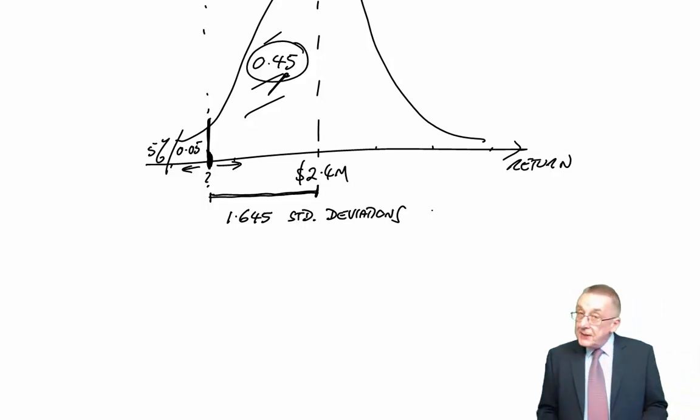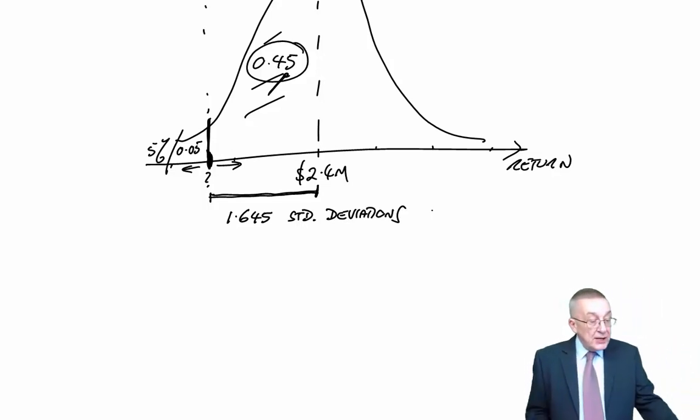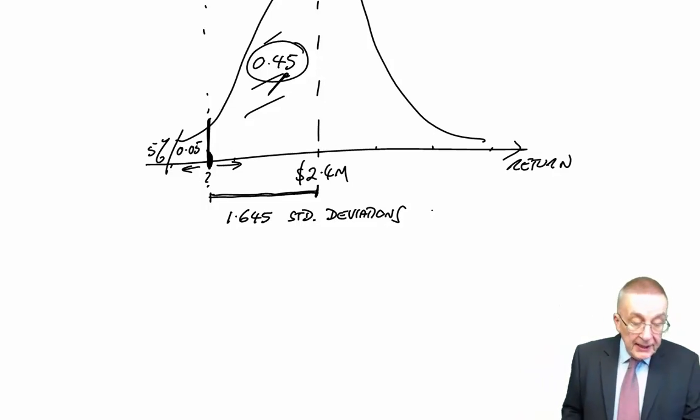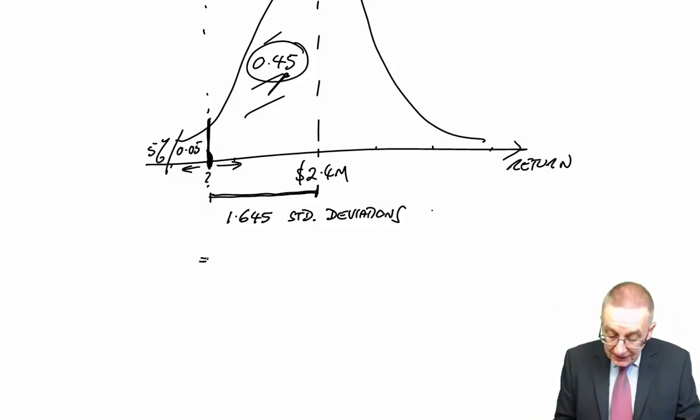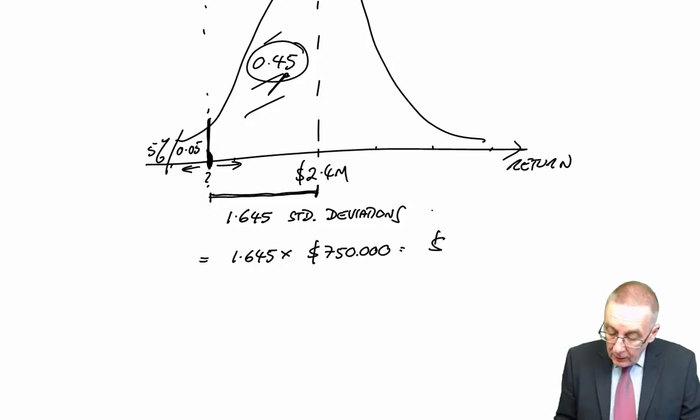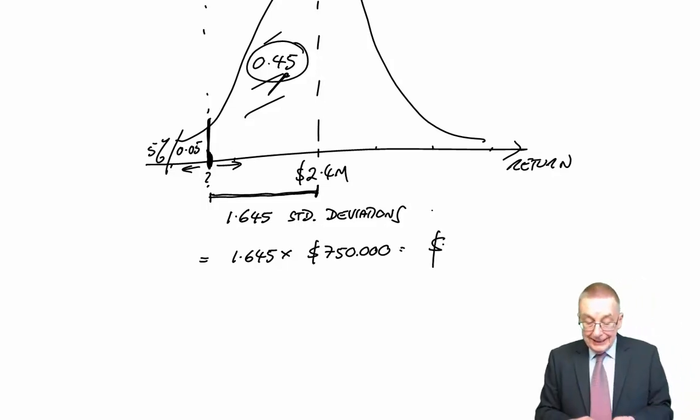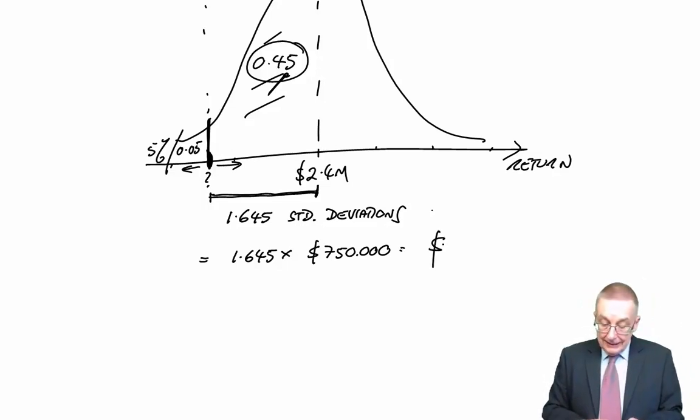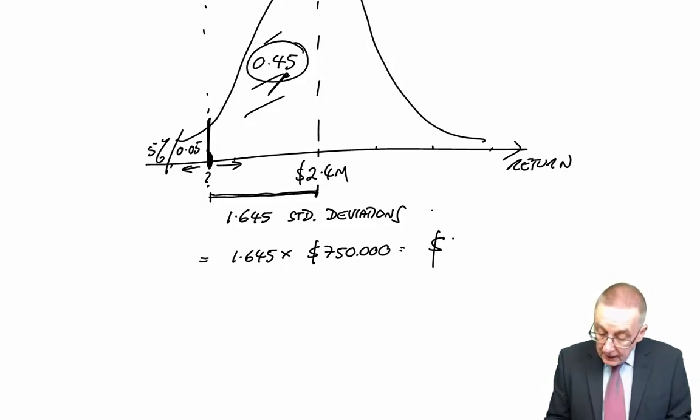And now it's easy, because the question tells us what the standard deviation is. It's 750,000, which comes to how much? $1,233,750.